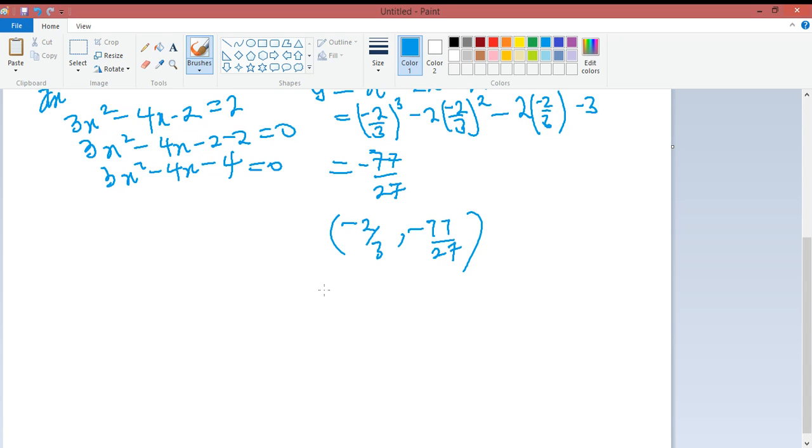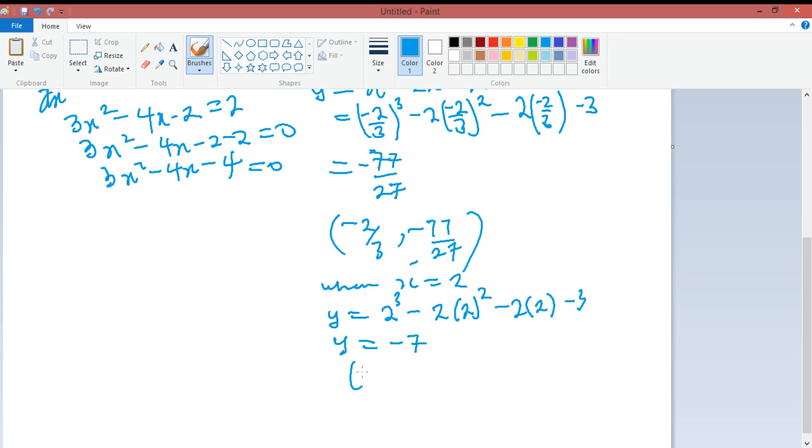Good. But when x is equal to 2, our y coordinate will be y is equal to 2 cubed minus 2 into brackets 2 squared minus 2 into bracket 2 times 2 minus 3. Solving further, the value of y becomes negative 7.